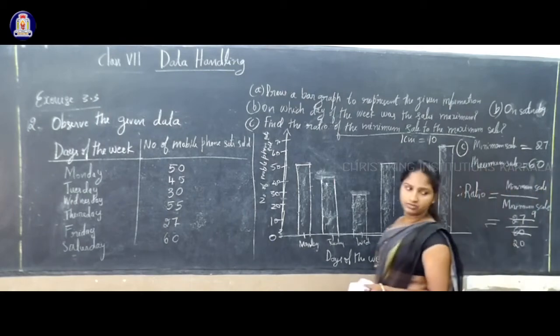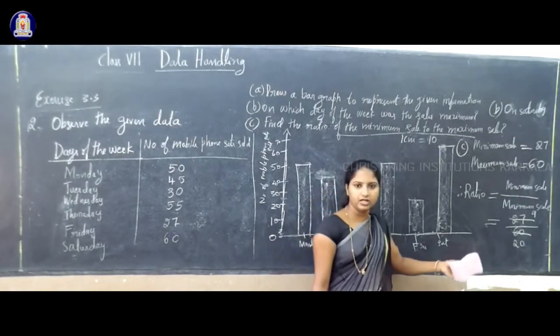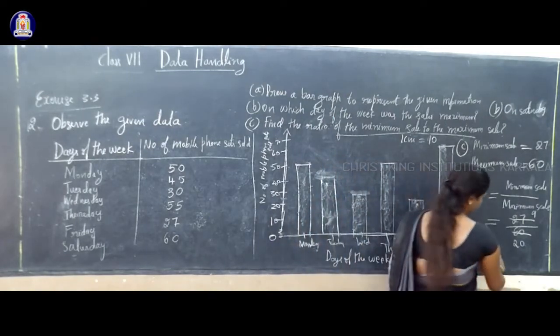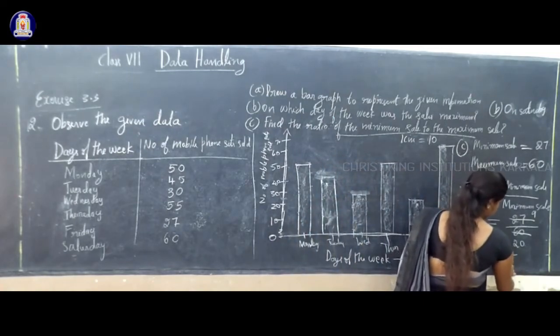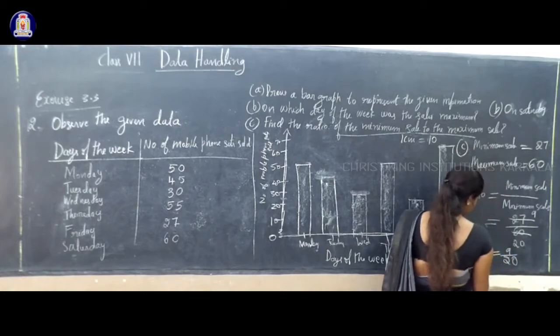So can you divide this again? 9 by 20? No, we cannot divide 9 by 20. The answer is 9 by 20. That is the ratio.